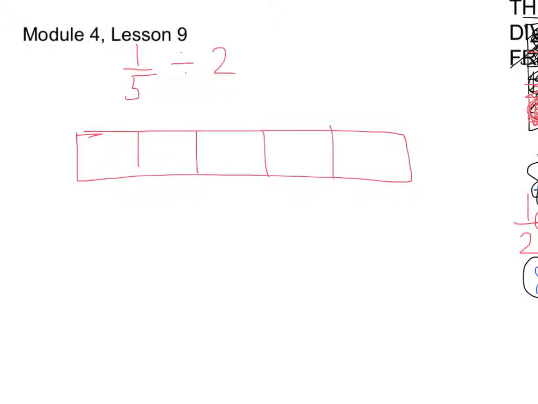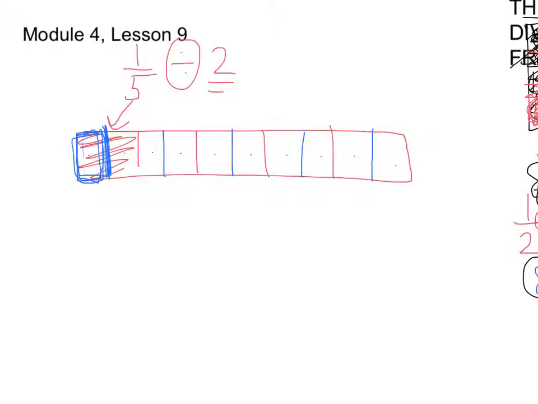I've got 1/5, and I want to divide it by 2. I've just got to cut it in half. The question is, what do I get? What is this piece called? To see what portion this is of the whole, I've really got to split all of my fifths in half. Count them up. 1, 2, 3, 4, 5, 6, 7, 8, 9, 10. This piece here is 1/10.